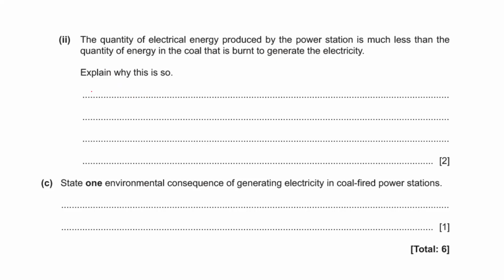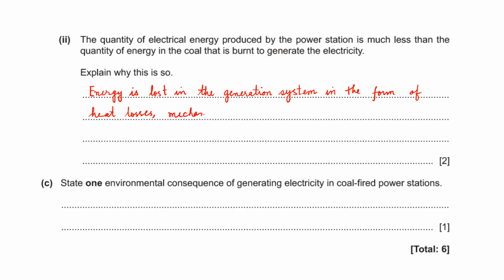So during the burning of coal, energy is lost in the generation system in the form of heat losses, mechanical losses, and some energy is converted into light energy losses.